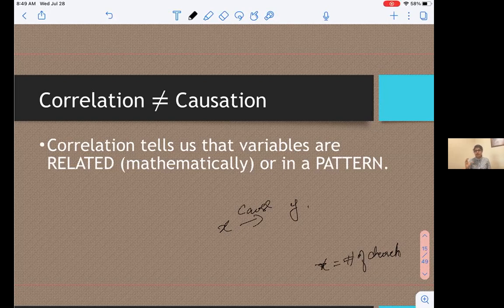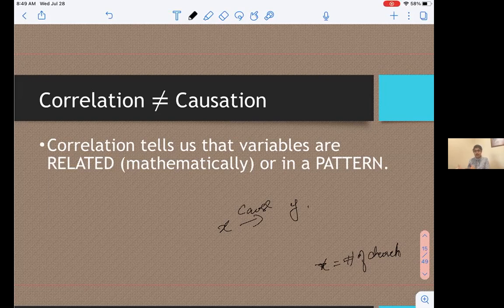But if causation is strong, for instance, we can say the population is increasing in that county, and this is the cause for the increasing crime rate in that county. So it can affect the variable Y. The increasing number of people in that county could be the reason for the crime rate.